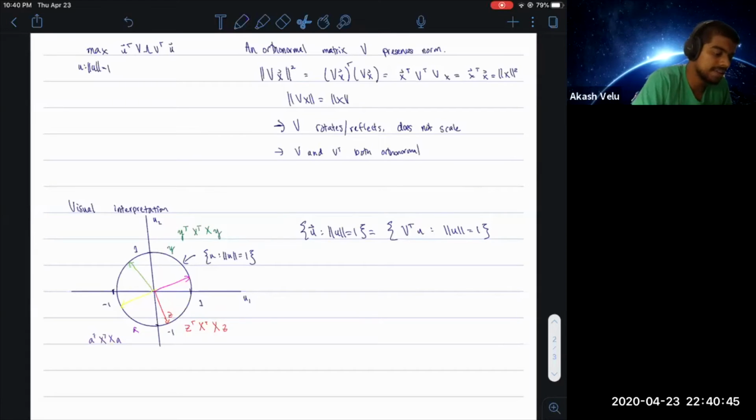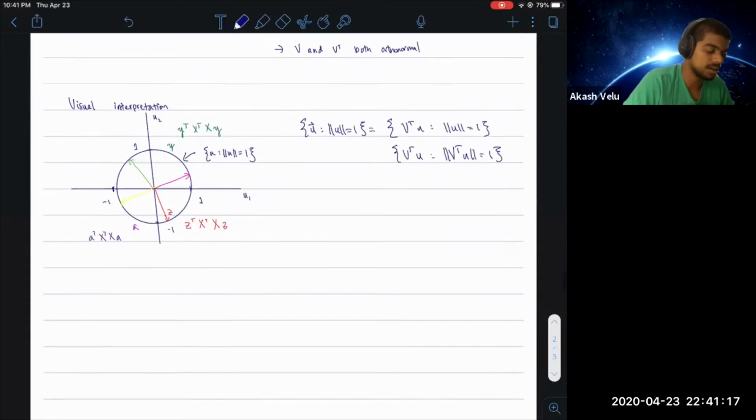But remember that this condition is the same as norm of v transpose u equaling 1. This is the same as saying v transpose u such that norm of v transpose u is equal to 1. Okay, and we did this last step because the norms are equivalent.